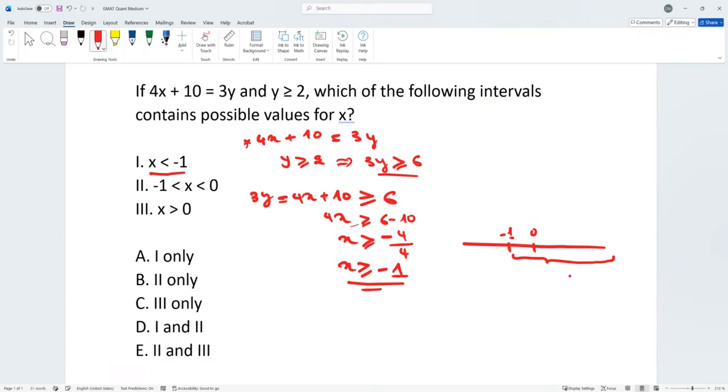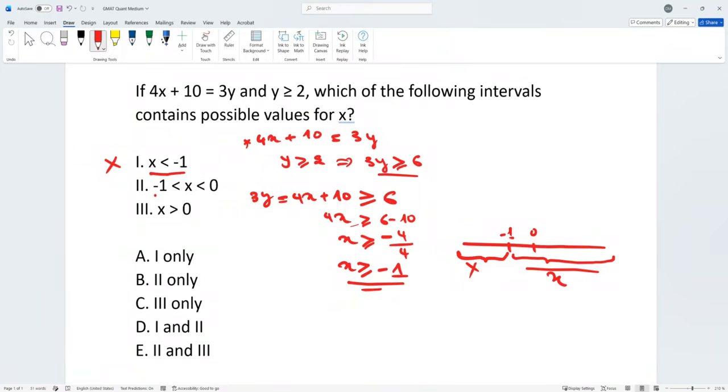So x must be here. We have the value of x. But this interval is saying that x is less than minus 1. Okay, so that's not possible. So this is not feasible. With this interval, we cannot have the possible values of x.